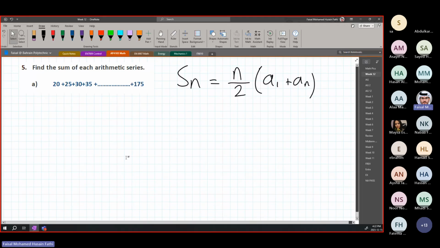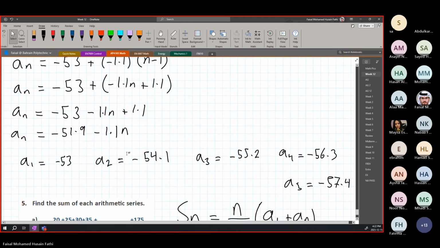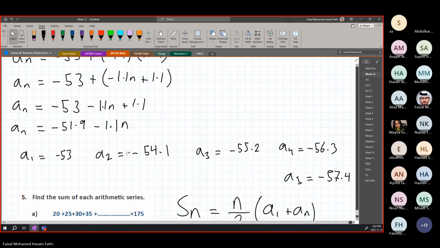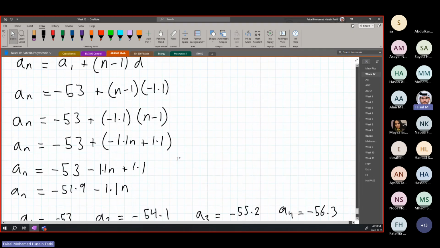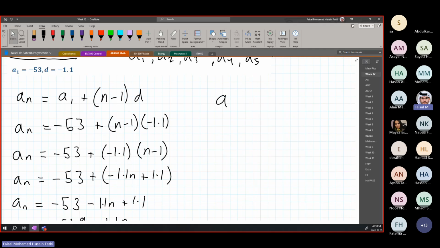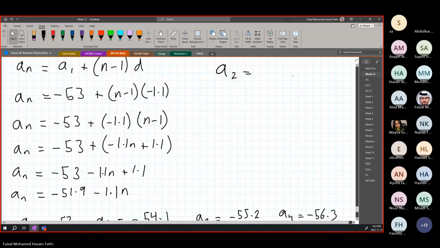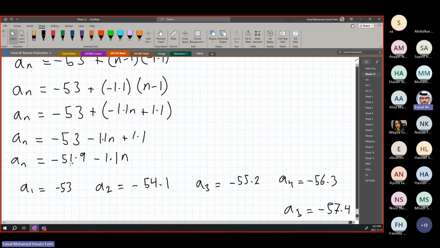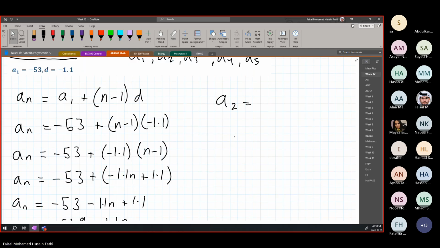How is A2 minus 54.1? I mean, we put it in the equation if you want to do it manually. A2 is equal to, this is our equation, right? Minus 51.9, minus 1.1n.